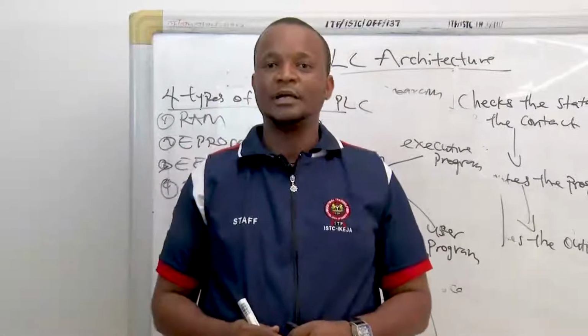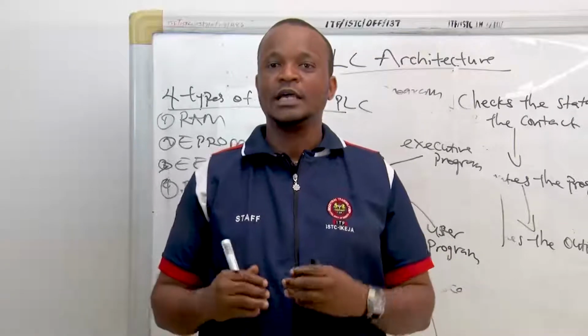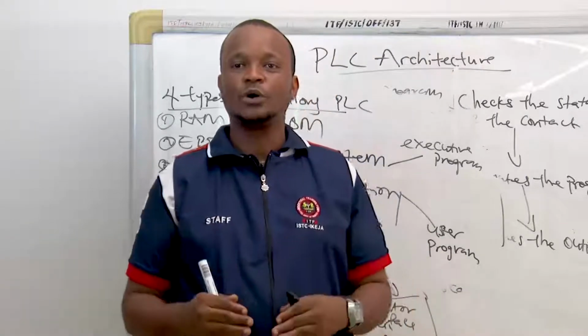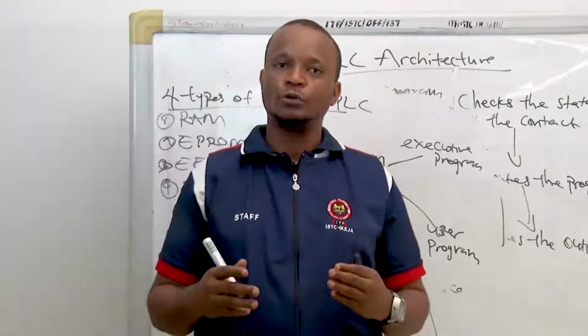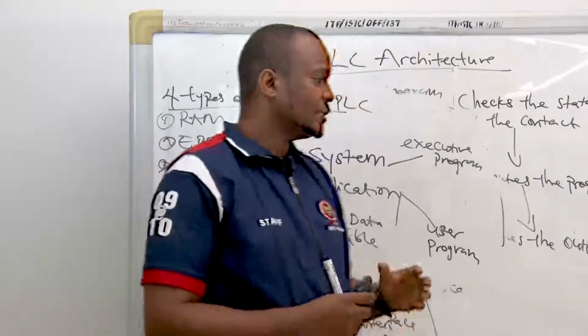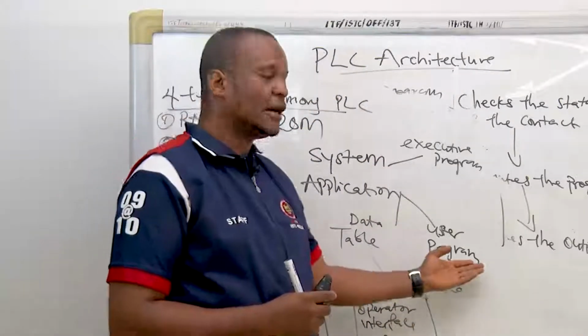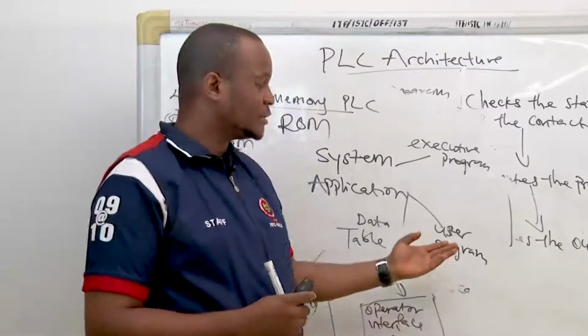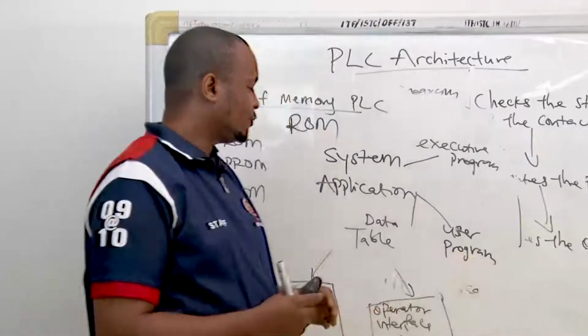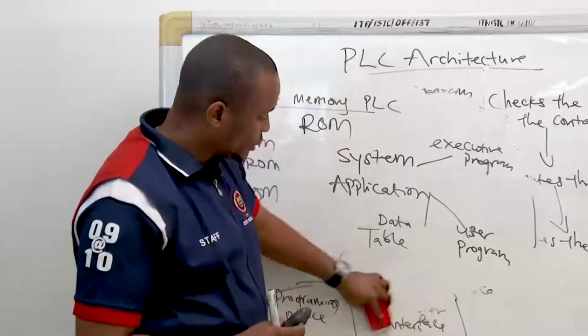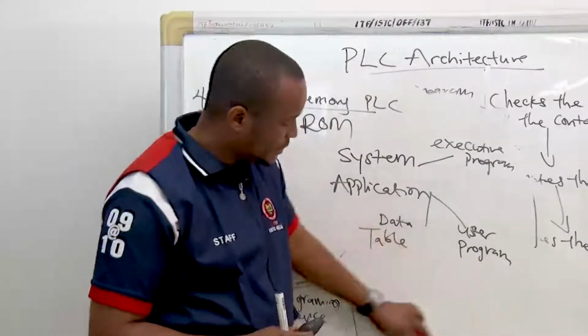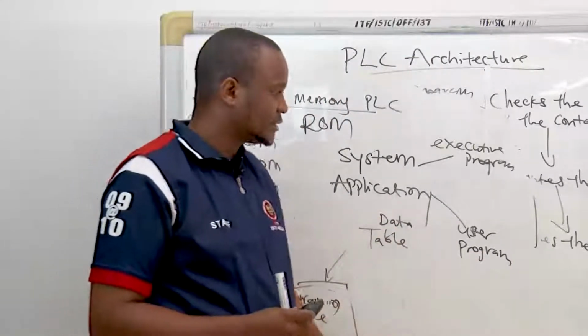The user program area is where the program instructions entered by the user are stored as an application control program. This is where we write our program. This is the area made available for the operator or programmer to access.